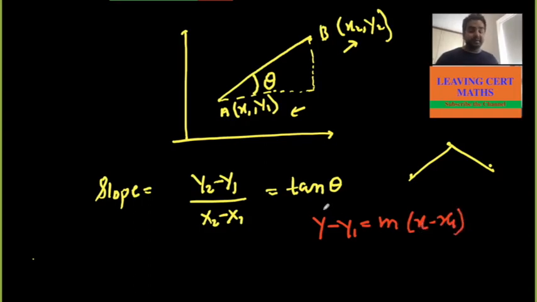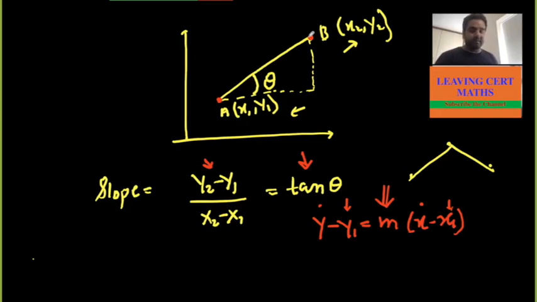The most important thing is you don't have to replace x and y, because these are the variables. You just replace the others, and the first and important step is to calculate the slope. It doesn't matter whether you use tan theta or the difference formula; the first thing is to calculate the slope, right? Yeah. Now the second thing is, once you have the slope, which point should I use for x1, y1, A or B? Can you tell me which point I can use? Either, yeah, that's fine. You can use any of them.